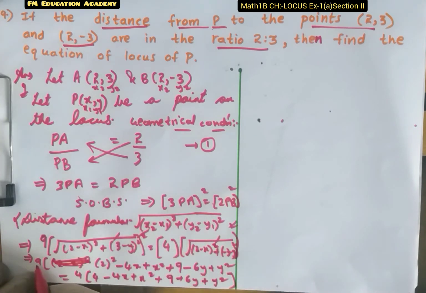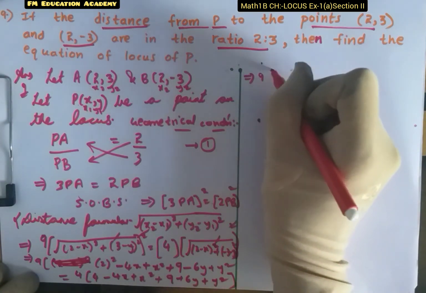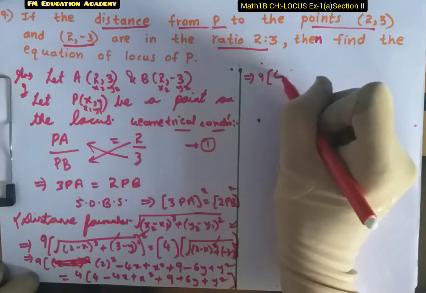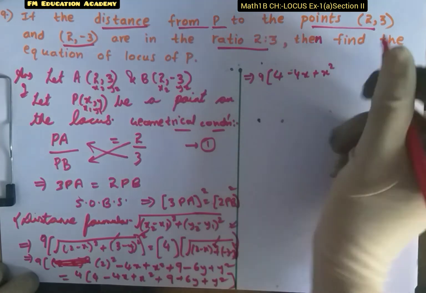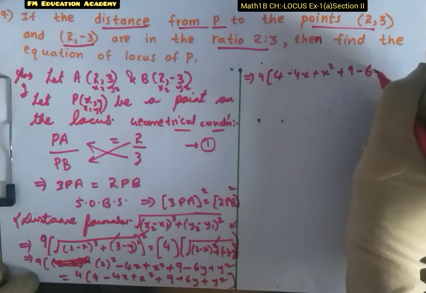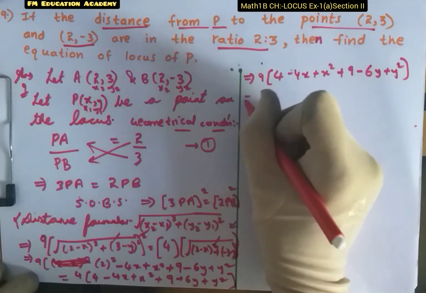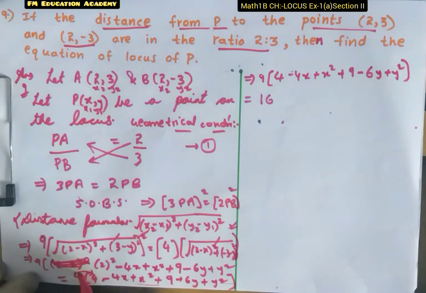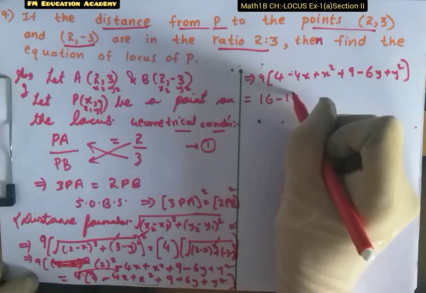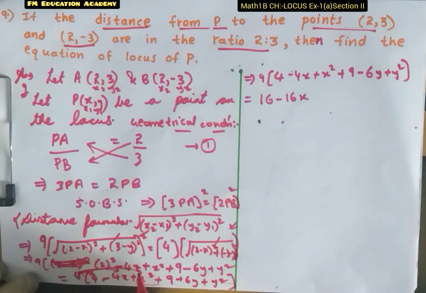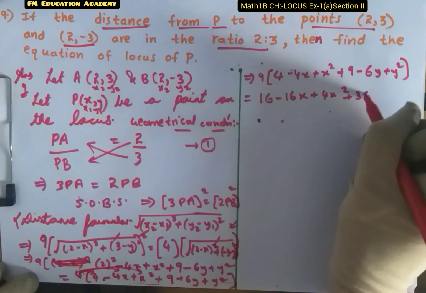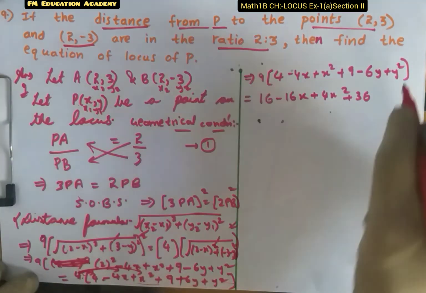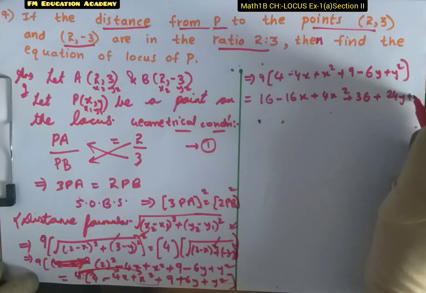Now let us open this. 9 into (4 minus 4x plus x square plus 9 minus 6y plus y square) is equal to, opening the right side, 4 into 4 is 16, 4 into minus 4x is minus 16x, plus 4 into x square is 4x square, plus 4 into 9 is 36, plus 4 into 6y is 24y, plus 4y square.